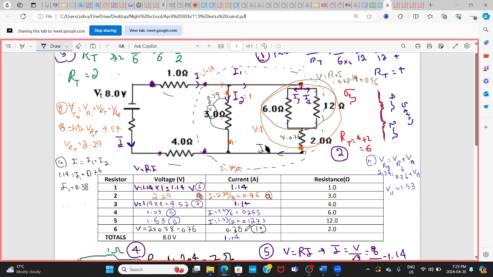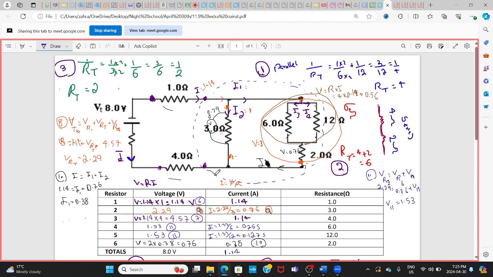And the total resistance of the system that we got, this is 1, this is 2, this is 3.